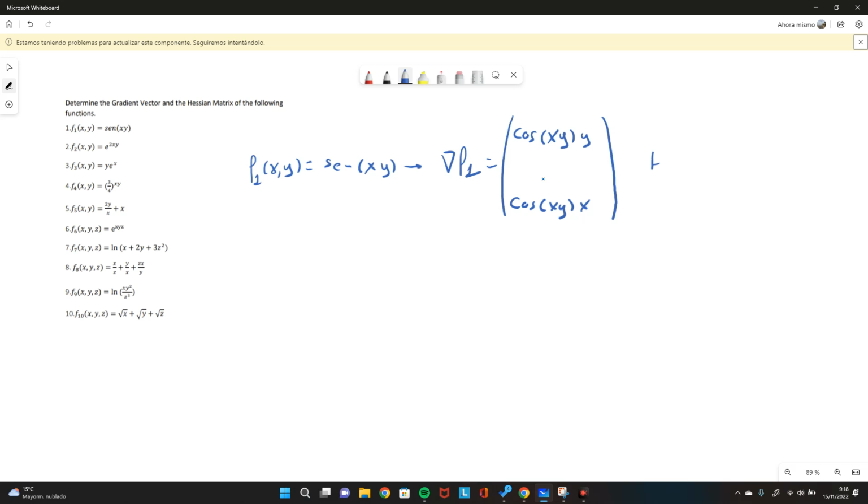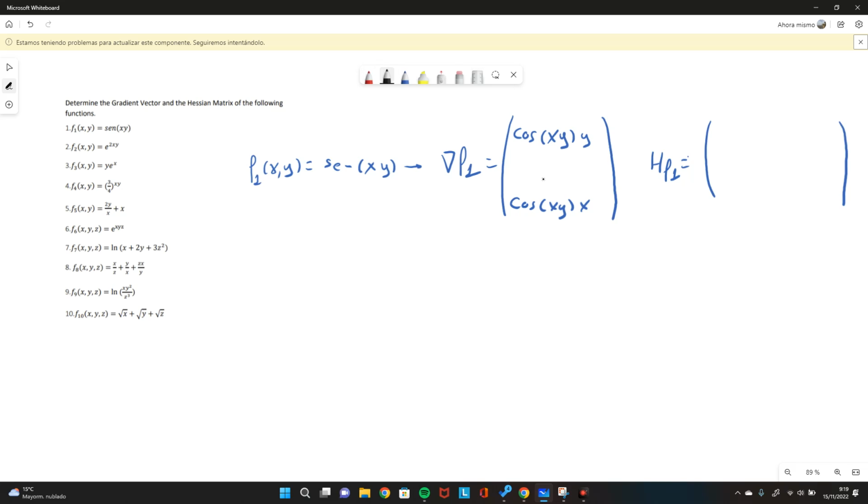Regarding the Hessian matrix, in this case there are four derivatives. First this one with respect to x, then with respect to y, and then this one with respect to y, because with respect to x it is exactly the same.